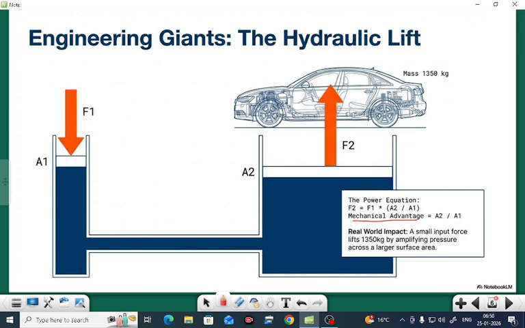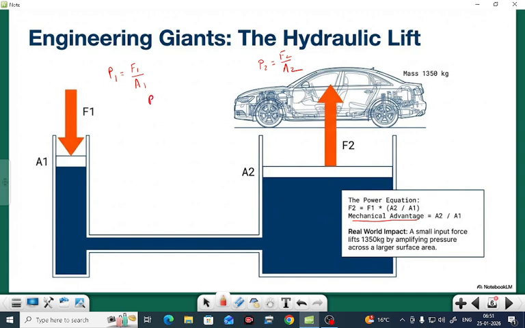Here the pressure at this point is P1 equals F1 by A1. And here the pressure will be P2 equals F2 by A2. But remember that the pressures P1 and P2 will be equal according to Pascal's law.